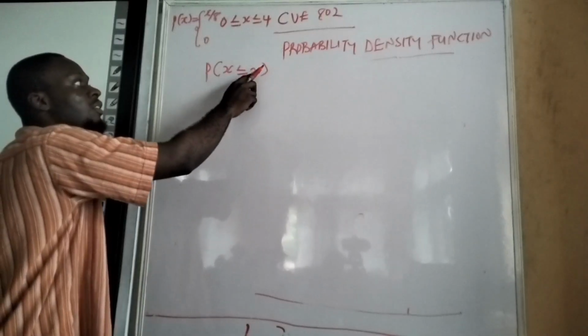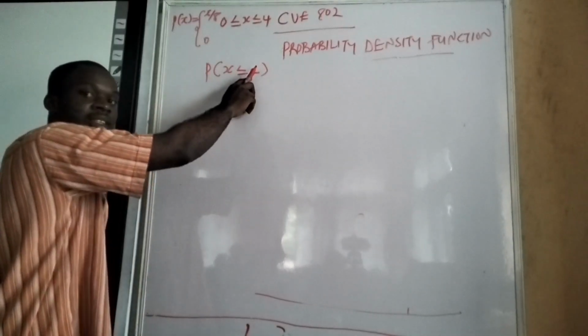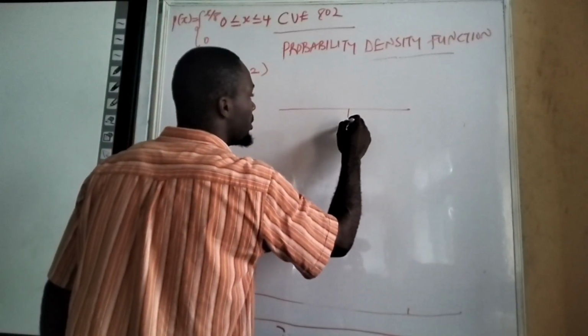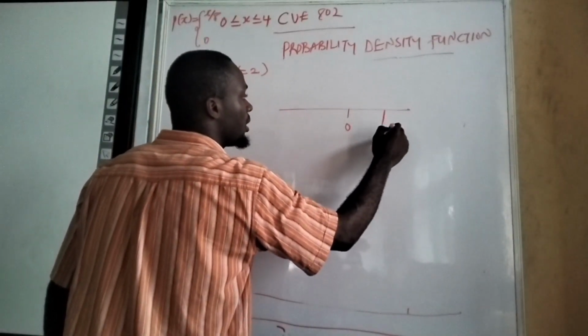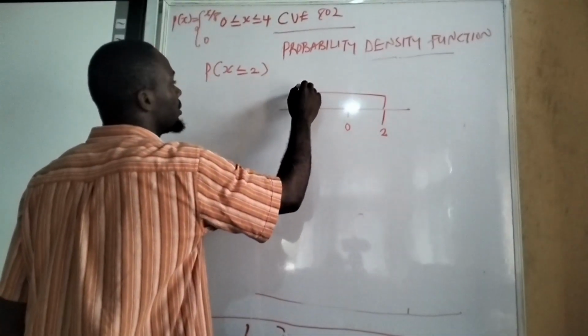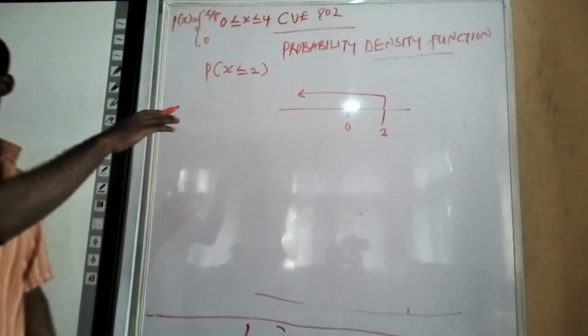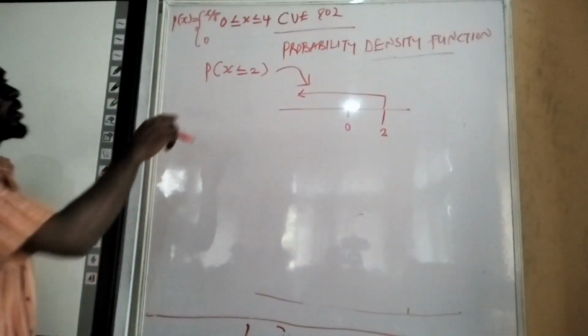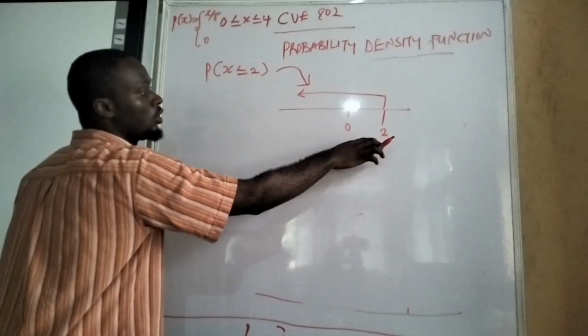It's telling you that your value of s is less than or equal to 2. So on the number line, you have 0 here, you have 2 here. Do you understand this now? So our value of s is less than or equal to 2.